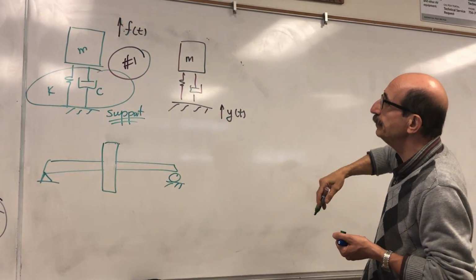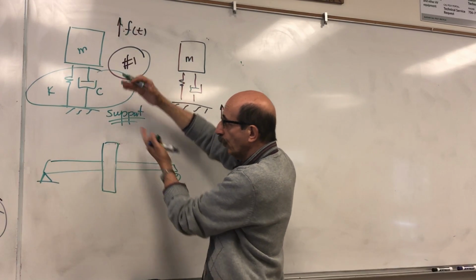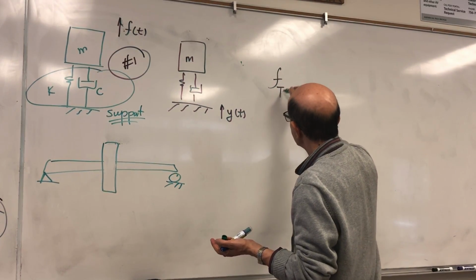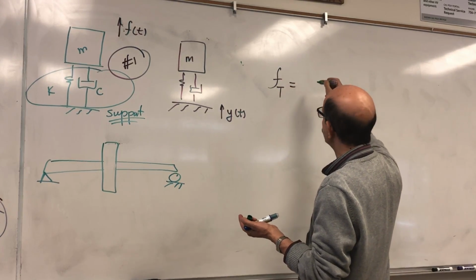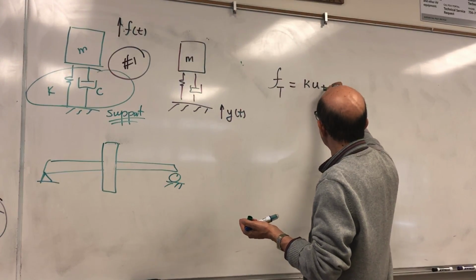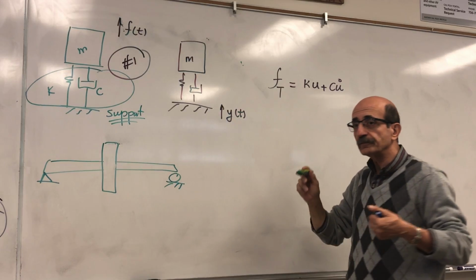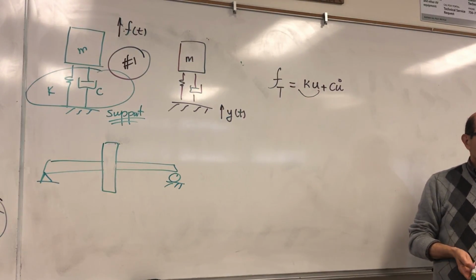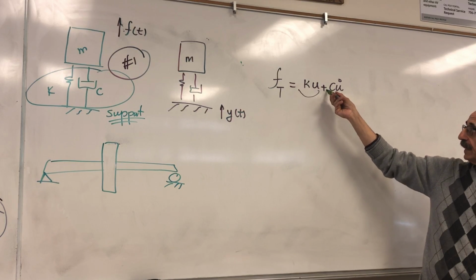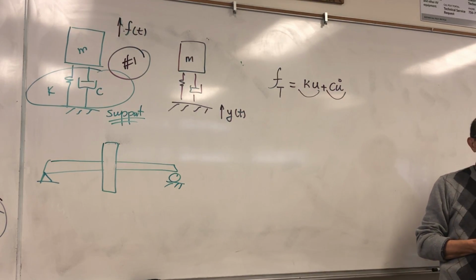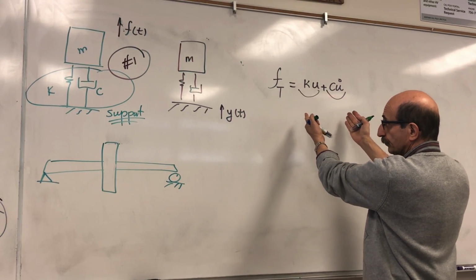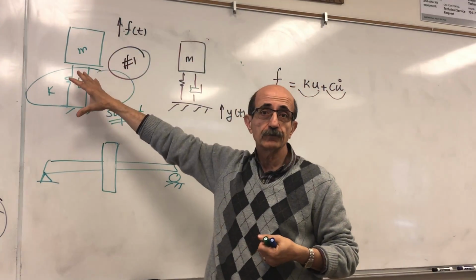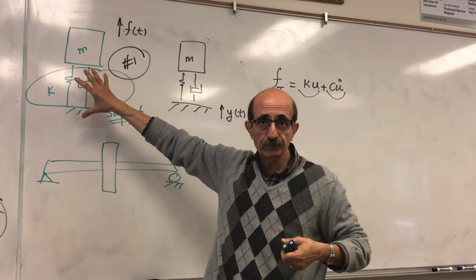If this system is vibrating, this support will be subjected to a force, I call that F sub t, and I will define what it is. That would be what? In other words, the spring element would experience a force, which would be this, and a damping element, this. So this is the total force that as a result of this applied force is transmitted to the foundation of this system.